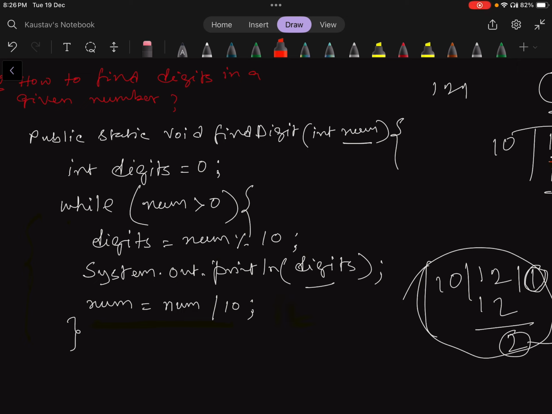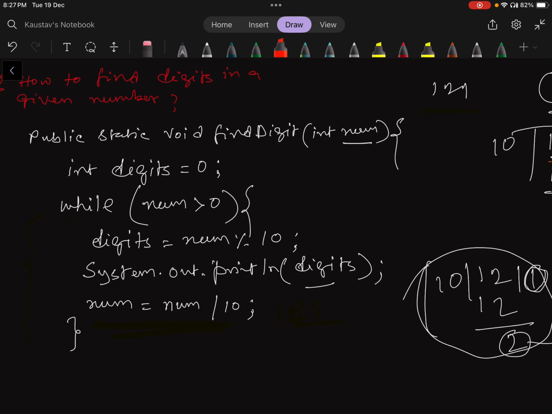Then it will again check if the number is greater than 0. Now the number is 12. The number was 121, but after this division it is 12. So 12 is greater than 0, yes. Then what will be the digit?